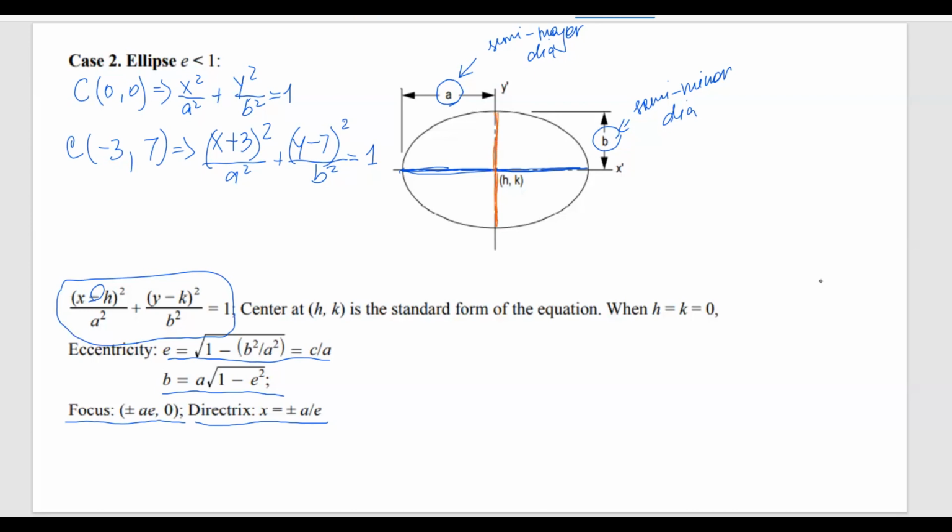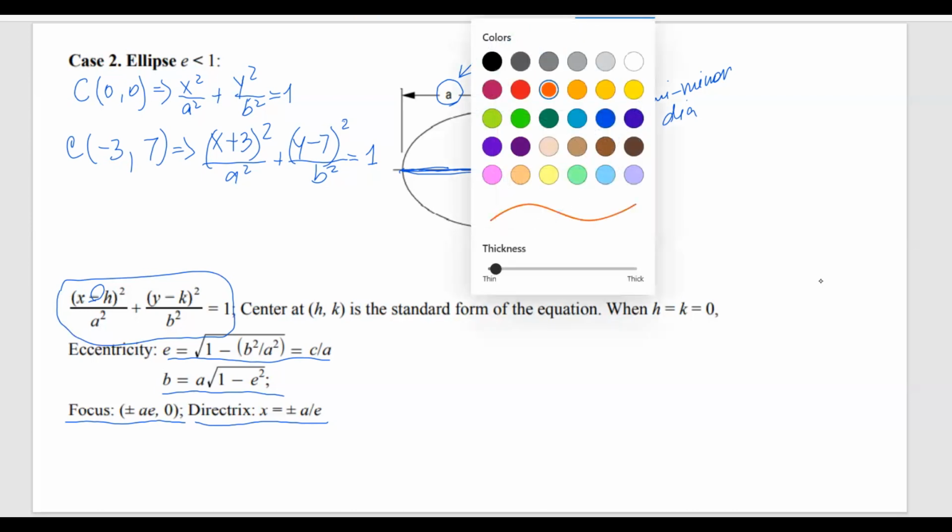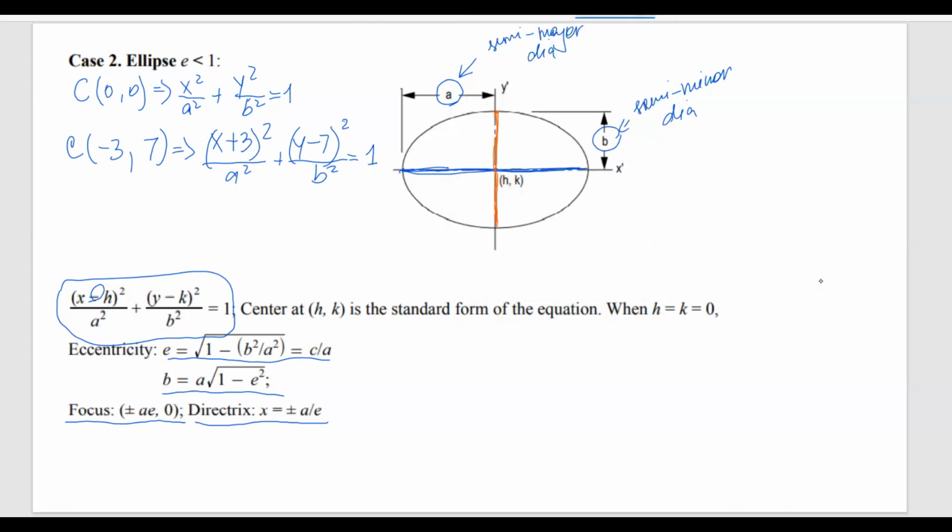Great. Here where the major diameter ends, these 2 points are called vertices. And the points where the minor diameter ends are called co-vertices.